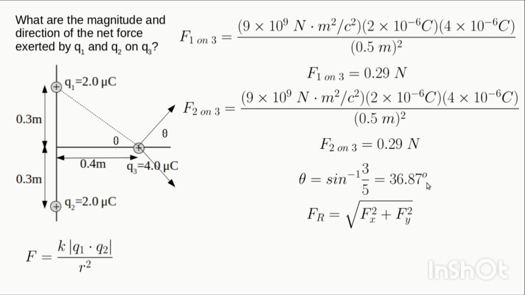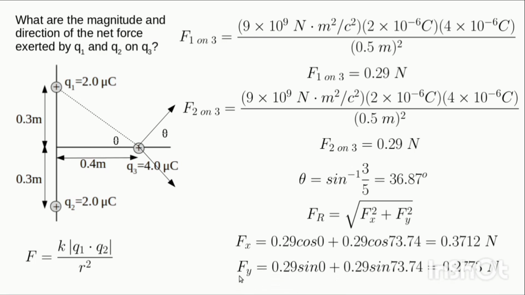So we have this first force, 0.29 times cos 0, plus this one, 0.29 cos of 2 times this, which is 73.74, and that gives us 0.3712 Newton. To get Fy, we just replace cos with sine, and that gives us Fy equal to 0.29 sine 0 plus 0.29 sine 73.74.